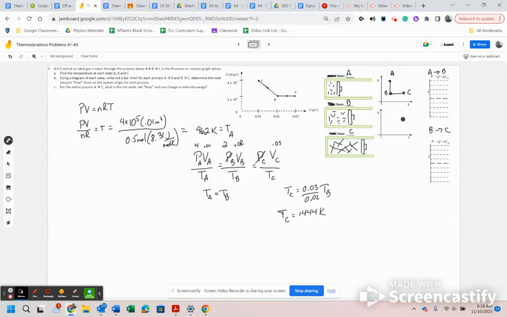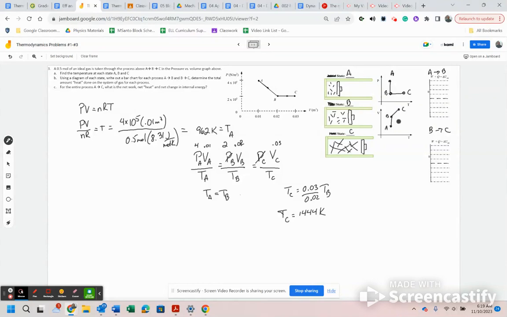For volume versus temperature, the volume of the gas from A to B increases and the temperature remains the same, so this will go up as the temperature holds constant. And then from B to C, both the volume and the temperature increase, so the line will go diagonally up.